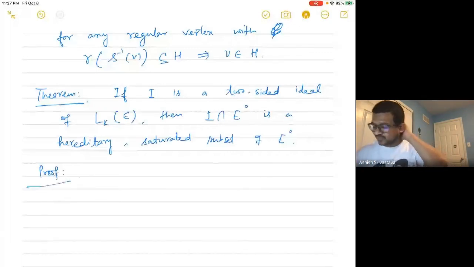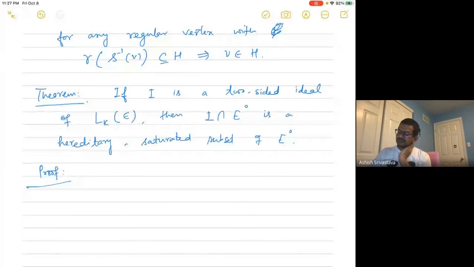If you want to see why it is hereditary, take any V in I intersection E naught, and suppose we have a path from V to W. Showing hereditary means we need to show that W is in I intersection E naught as well.